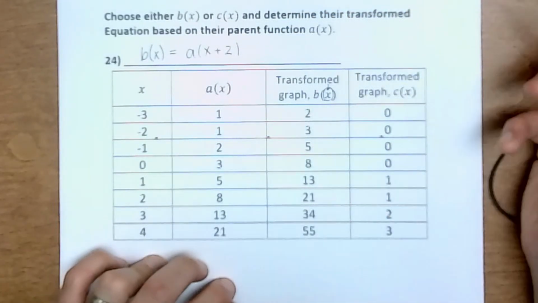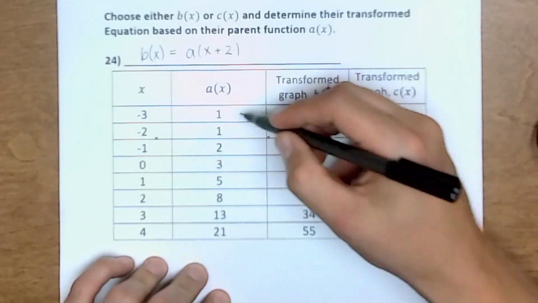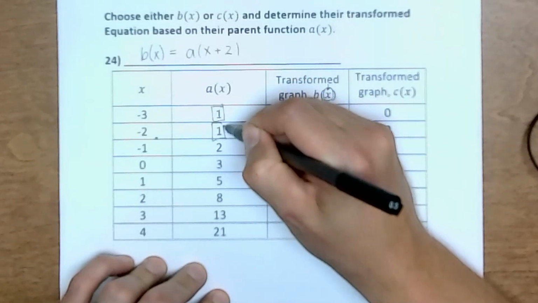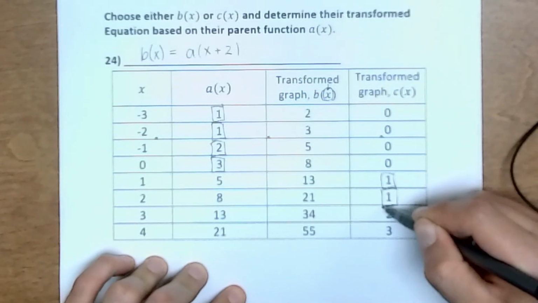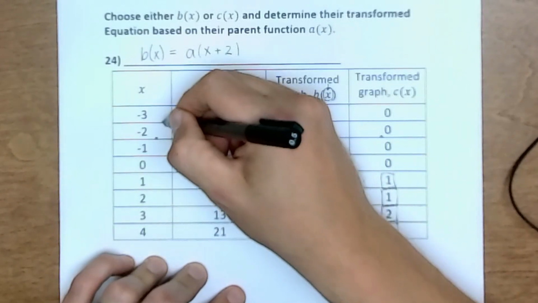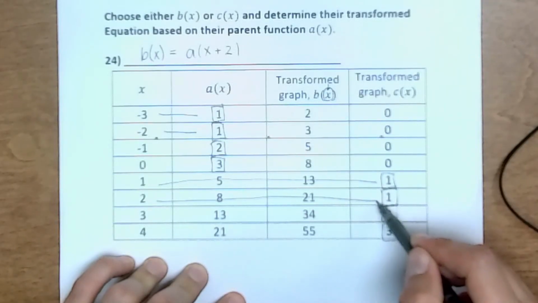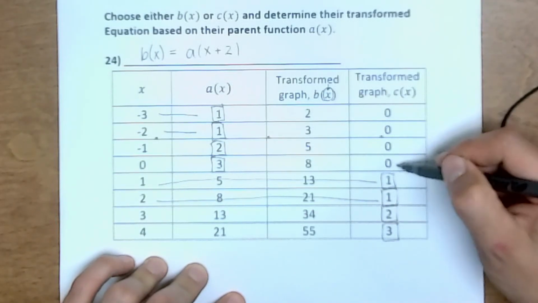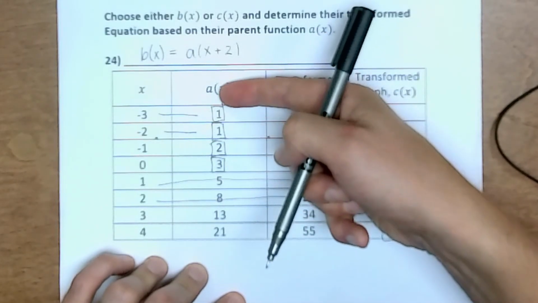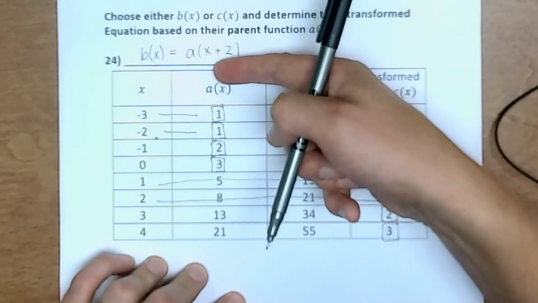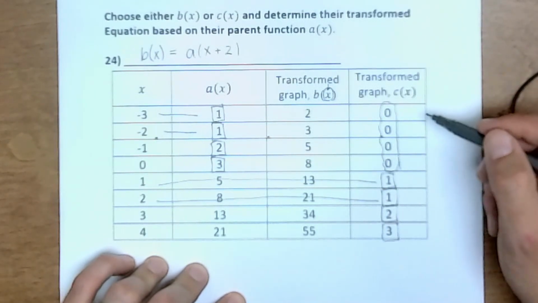That helps us with C because it's the same type of transformation. But you'll notice that 1, 1, 2, and 3 doesn't happen until way down here in the table. So it's not the normal connection of values. These connect way down. Apparently the numbers that would have preceded our parent, if you think even earlier in time, would have been 0, 0, 0, 0, I guess, because that's what we're starting to see with this kid, Carl.